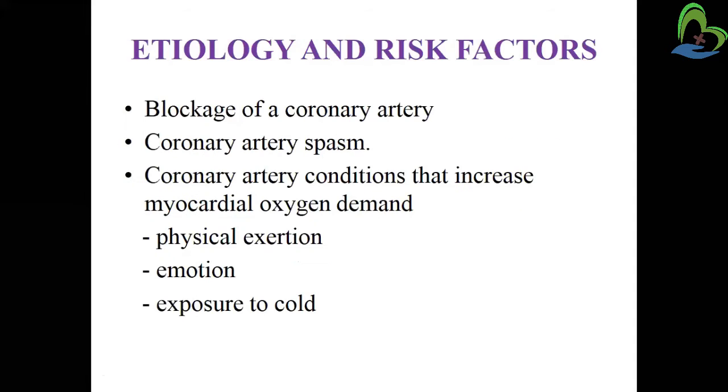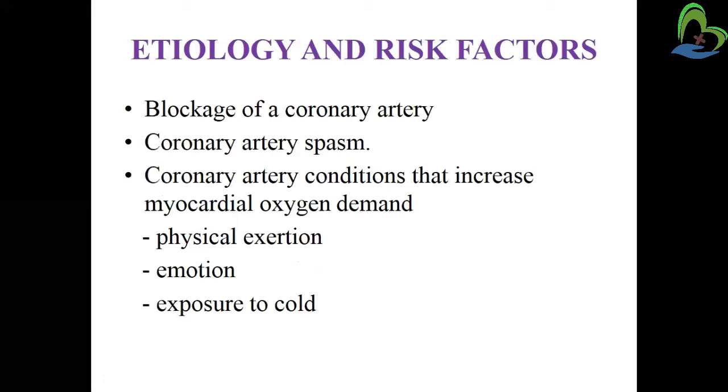Etiology. We have to find out what the reasons and risk factors are, leading to myocardial ischemia and lastly to angina pectoris. Yesterday we studied that the coronary artery supplies blood to all the tissues and organs.